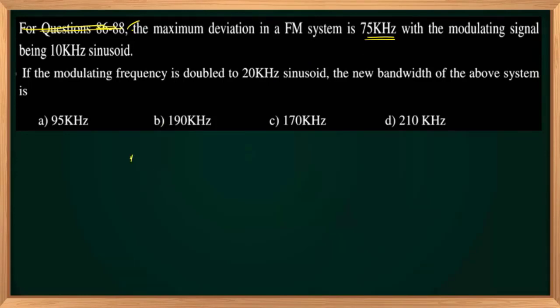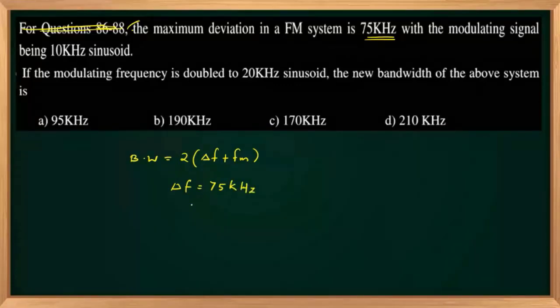Here, bandwidth is given by the same formula. For FM, it is 2 into (delta F plus fm). So try this question with delta F equal to 75 kilohertz, and now the modulating frequency is doubled to 20 kilohertz. Deviation remains the same value.